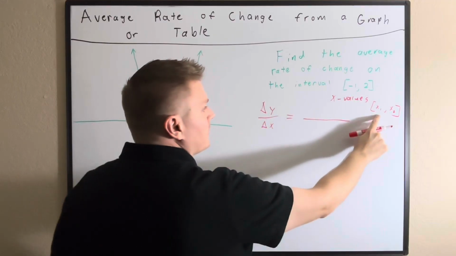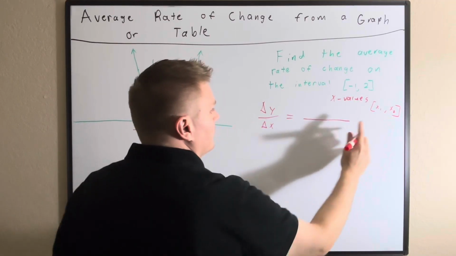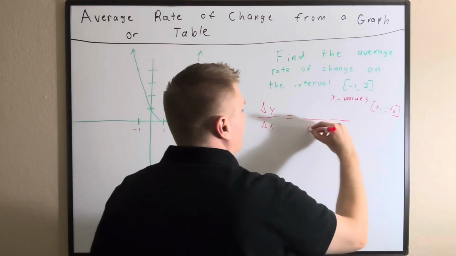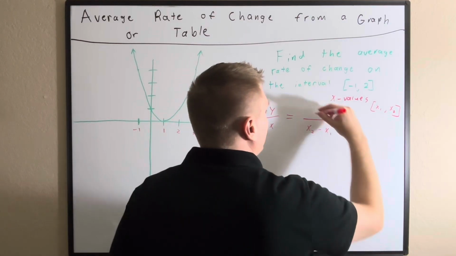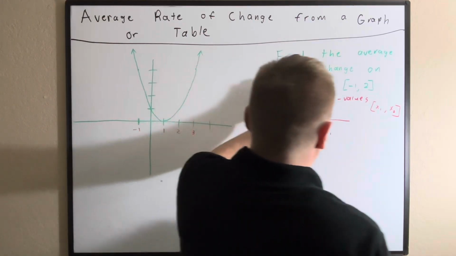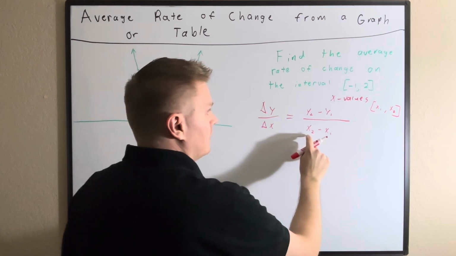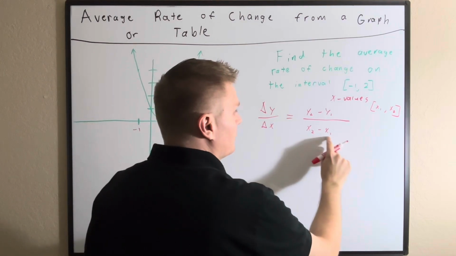That is very important. You need to know which is your first x value and which is your second x value so that you know x sub 2 minus x sub 1. Because in subtraction, order matters. You need to make sure that x sub 2 goes before x sub 1.